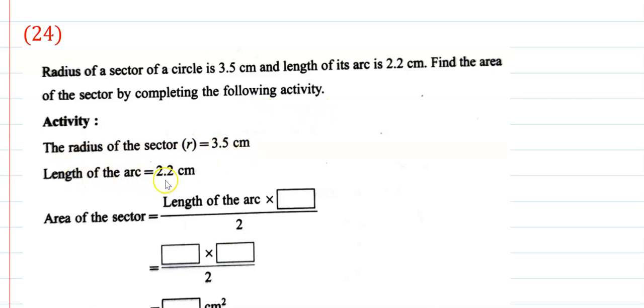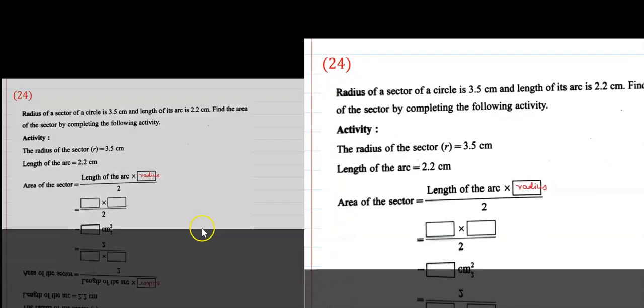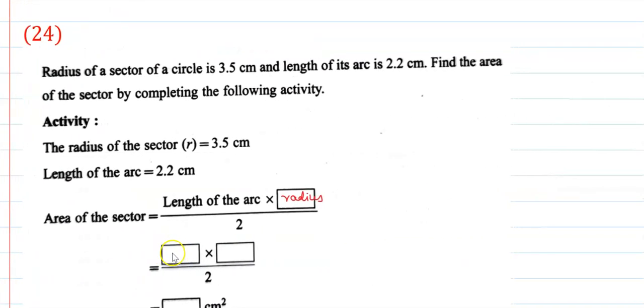Length of arc is 2.2 centimeter. Area of sector is equal to length of arc into radius upon 2. Therefore, the length of arc is 2.2.